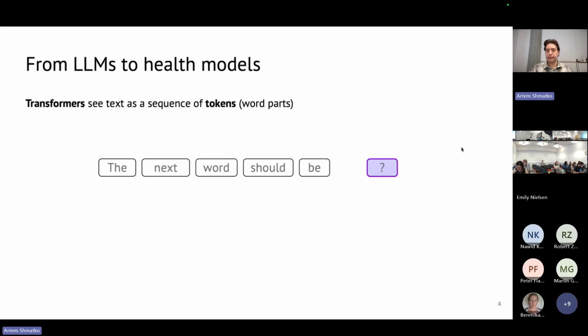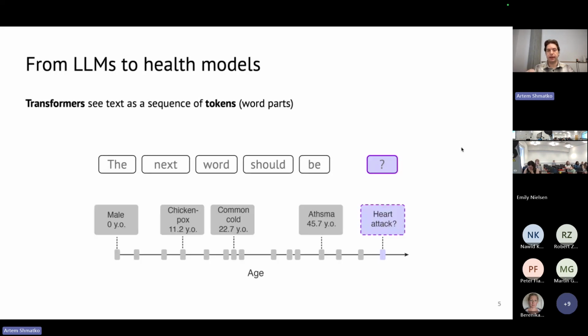But this is actually very similar to the modeling of patient disease risks. Imagine you have a disease history with certain conditions, and what you exactly want to model is, given the previous sequence of diseases a person had in the past, what would be the next condition in the sequence?